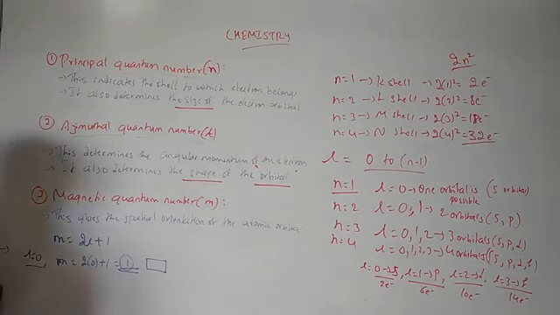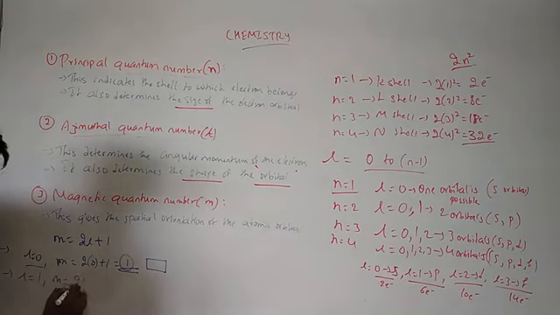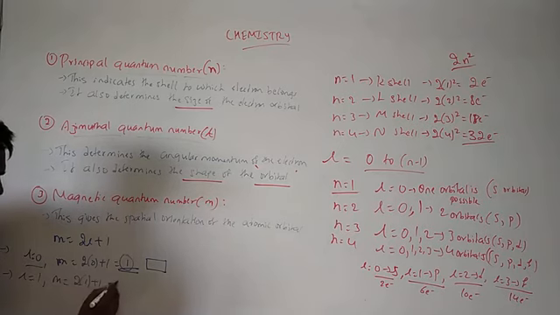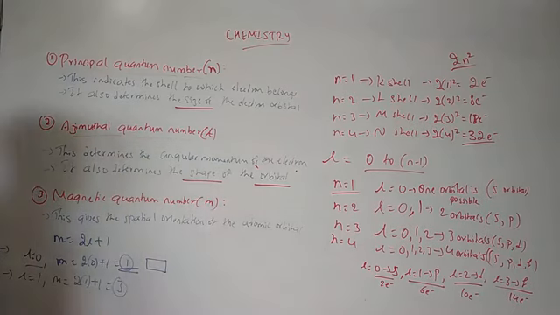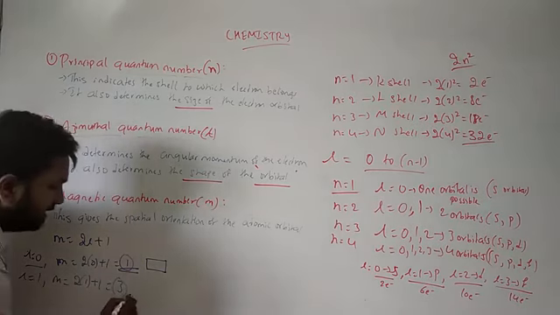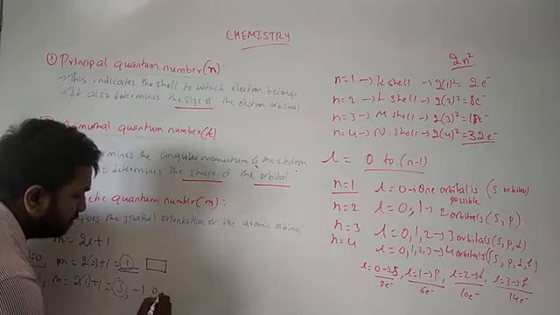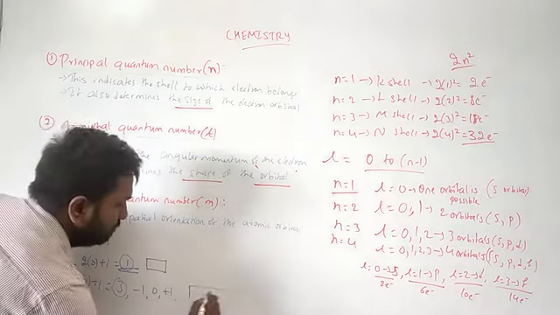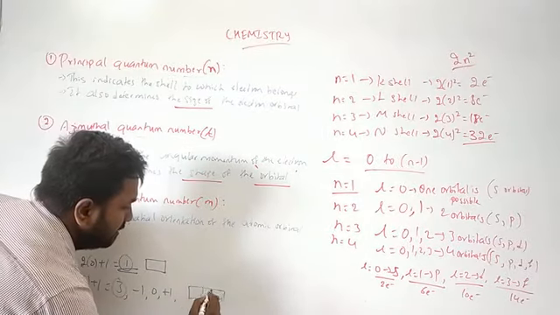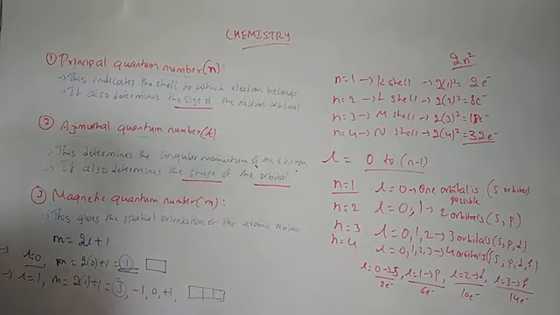Whereas in case of the P orbital, L equals 1, M can have 3 values, ranging from -1, 0 and +1. So it can have 3 orientations.